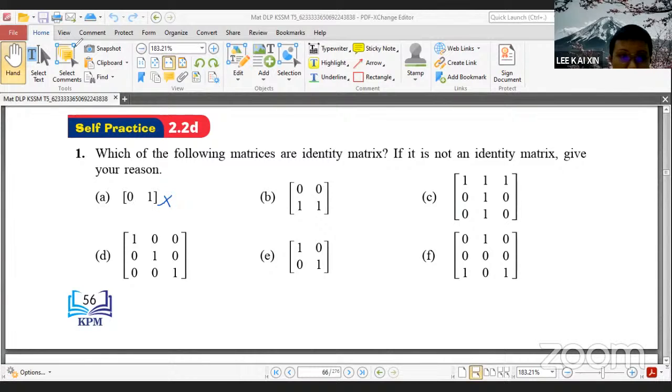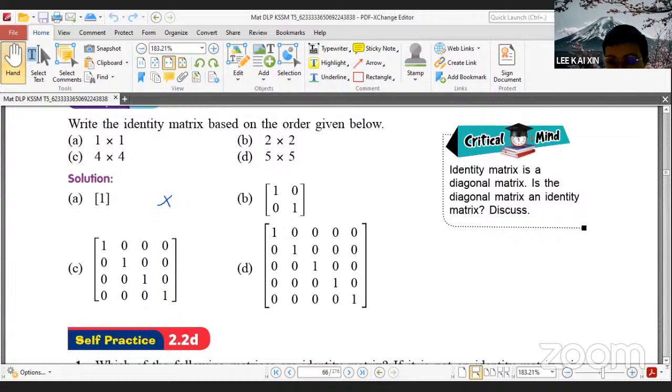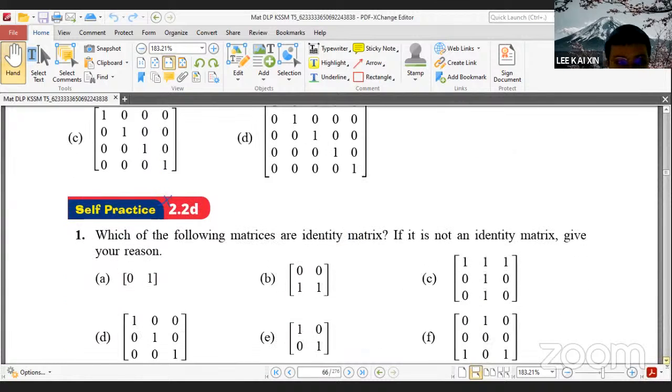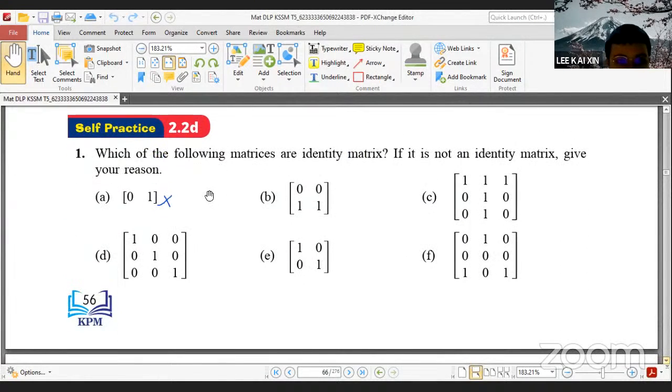For a single row, you can put an identity matrix, but the 1 must always be at the first position.